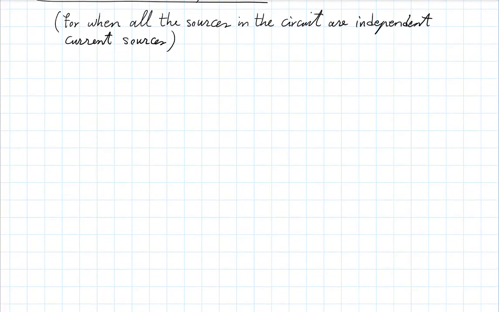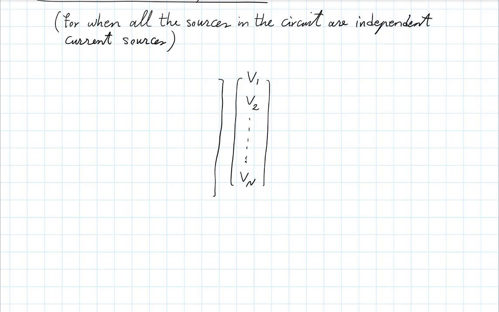So let's say you have V1, V2, until Vn. So let's say you have n plus 1 nodes, one being the reference, and so you have n unknown node voltages. And so your matrix will look like this.